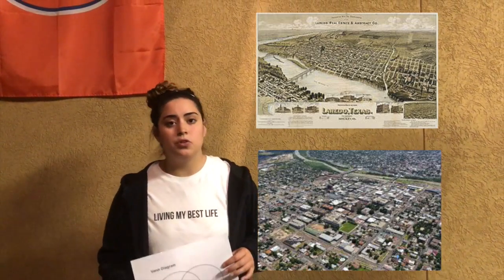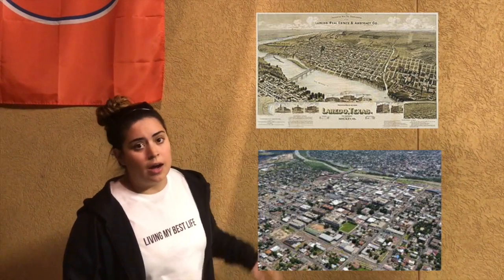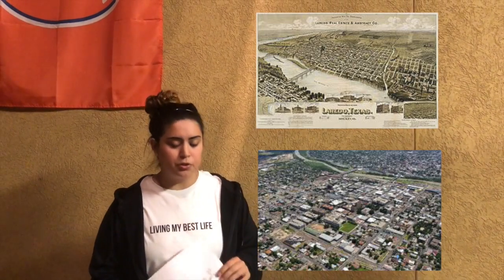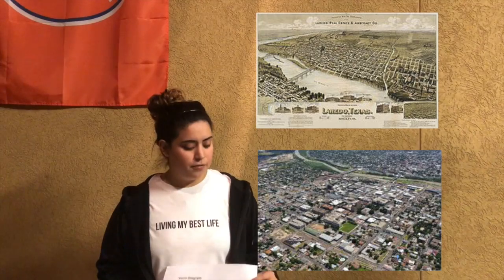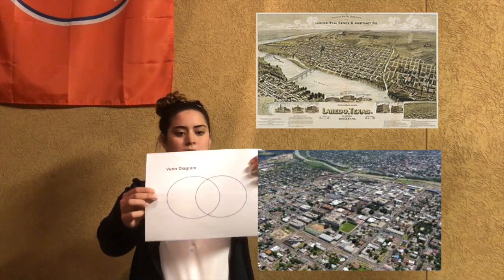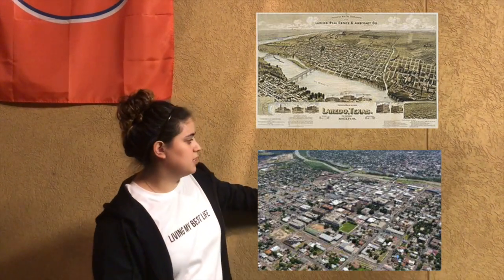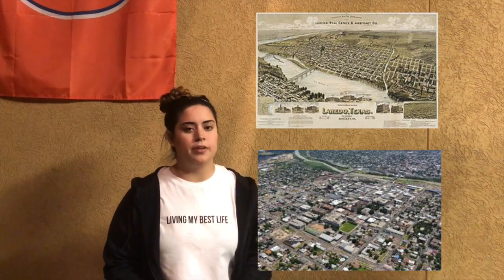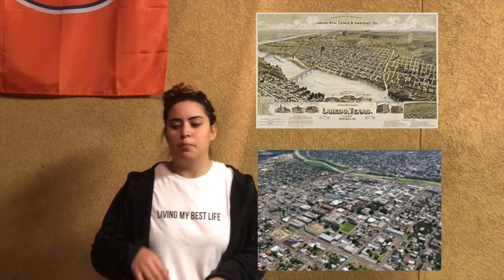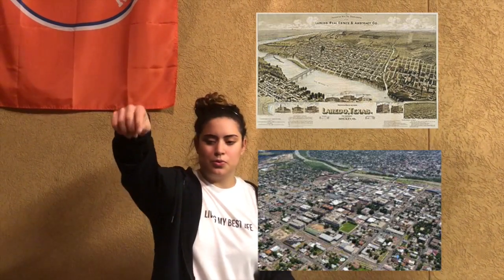Now that we have gone over infrastructure, I'm going to put you in groups of 4, and I'm going to give you a poster where you're going to draw a Venn diagram like this. On that poster, I want you to write the positive and negative attributes of infrastructure. 1, 2, 3, 4. 1, 2, 3, 4.